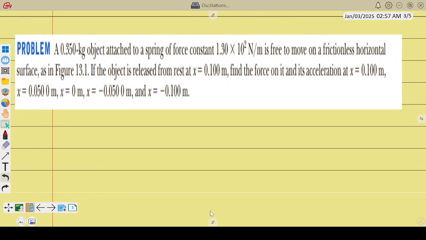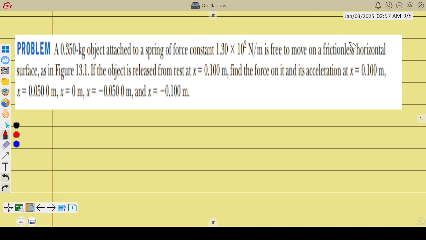Here we have a 0.35 kg object attached to a spring of force constant this. So they're telling us the constant, the value of k.